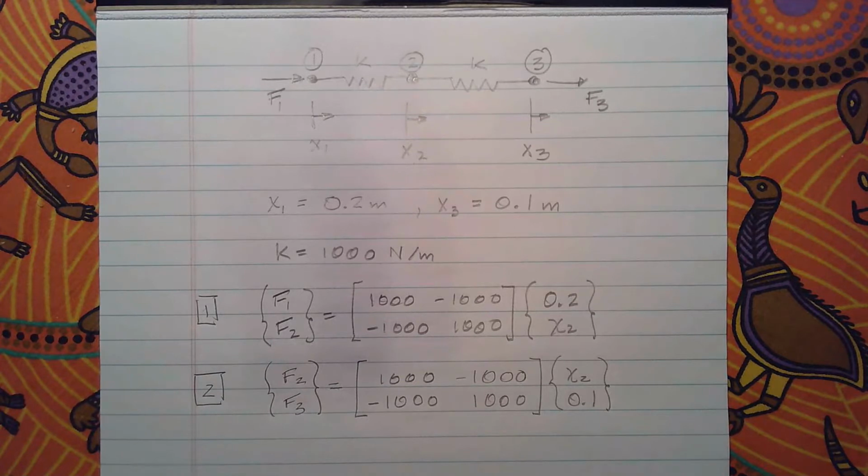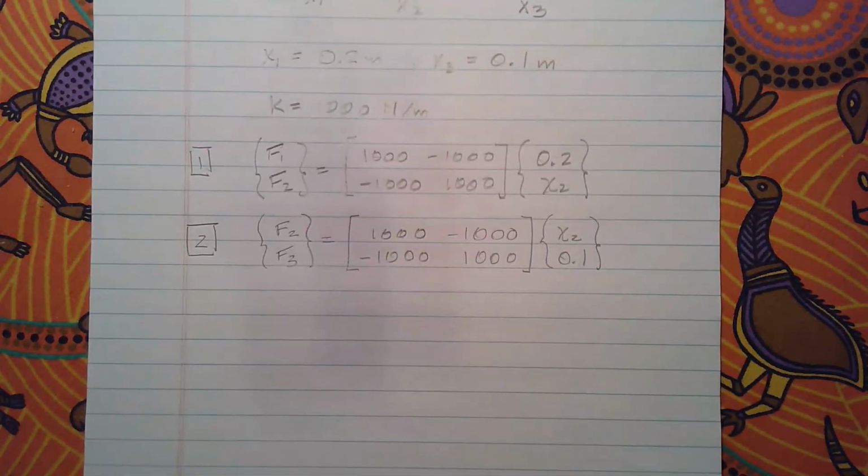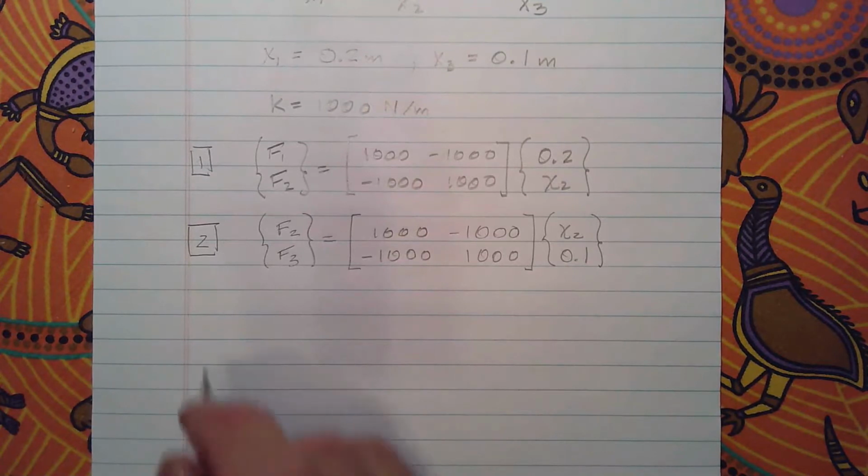Now what we need to do is assemble these into a global stiffness matrix rather than two single local stiffness matrices. So we need to add these in correctly.